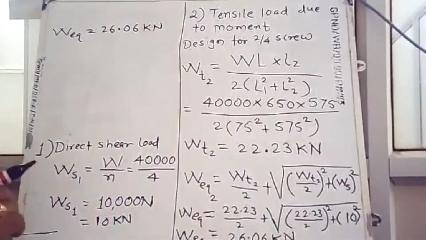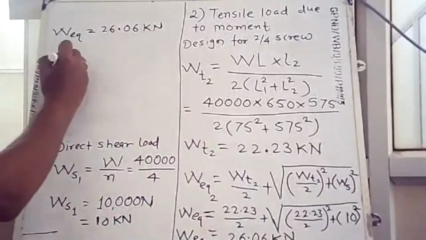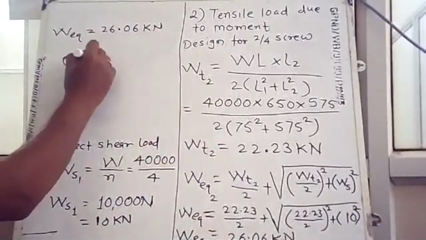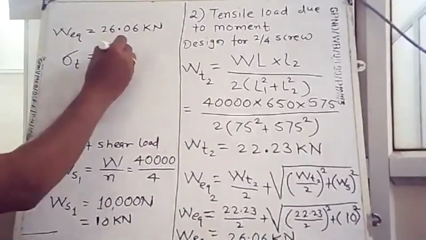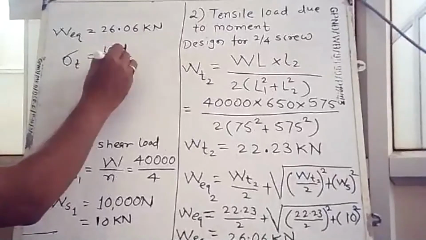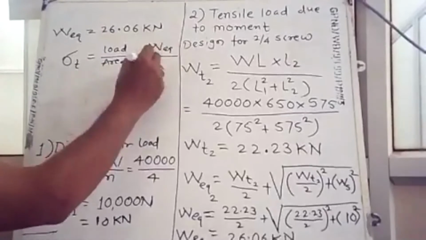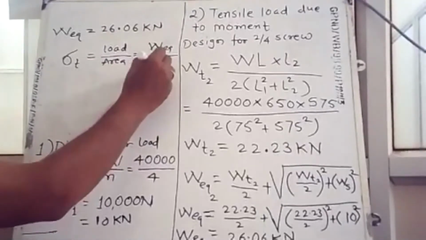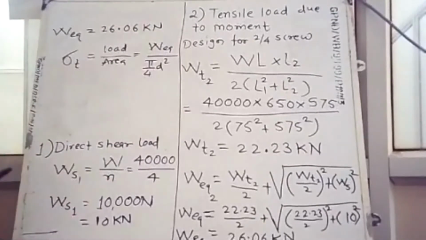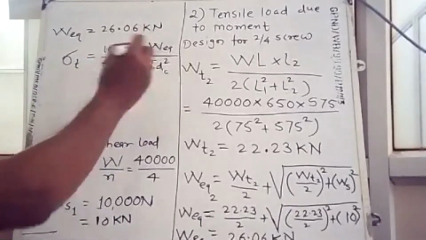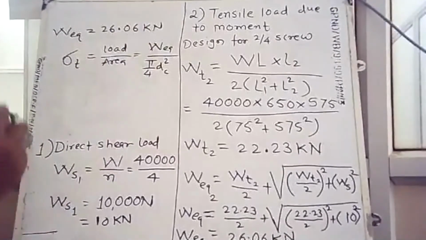Now this load we can equate with our equation, stress equal to load upon area. So W equivalent load divided by area for this screw, which is pi by 4 DC square, core diameter.